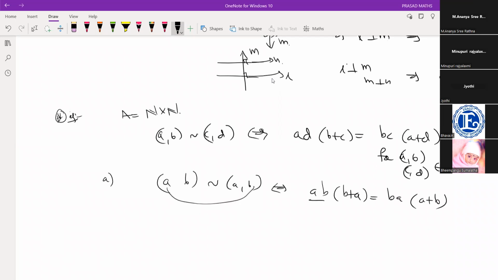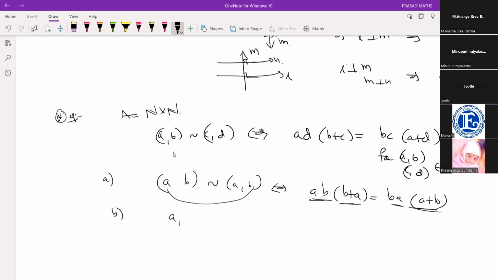Yes, because ab(b + a) is the same as ba(a + b). Right? So therefore, it is reflexive.